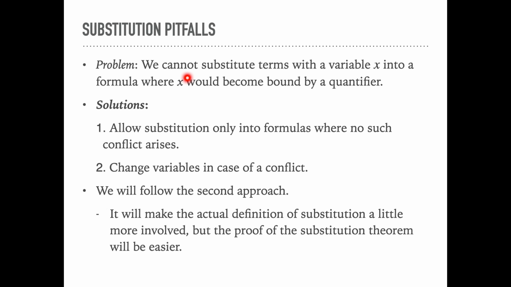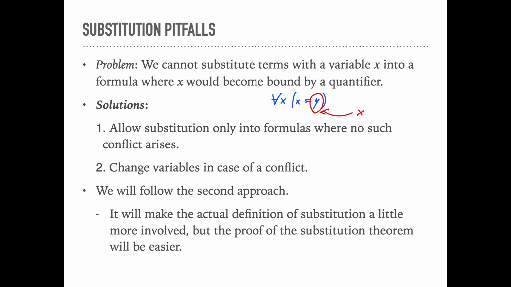We simply cannot substitute terms with a variable x into a formula where x would become bound by a quantifier. So where we would have, for example, for all x, x equals y, and now we want to plug something in for y, and if that something is x, then we get into trouble, because x suddenly is in the realm of that quantifier.